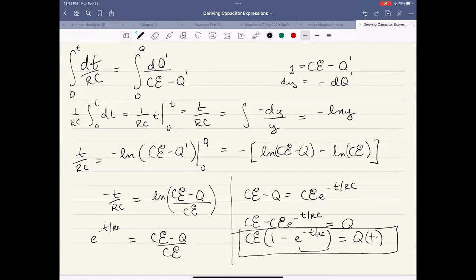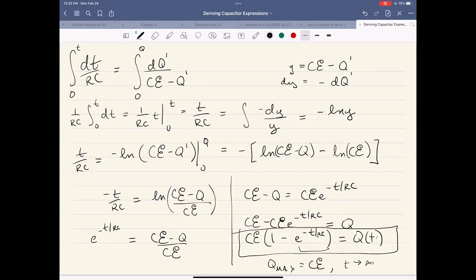And so the charge as t goes to infinity is going to equal the capacitance of the capacitor times the EMF of the battery, okay, which is the max charge that capacitor can hold. So Q max is equal to C times the EMF, and that's the charge as t goes to infinity, when the capacitor is fully charged.